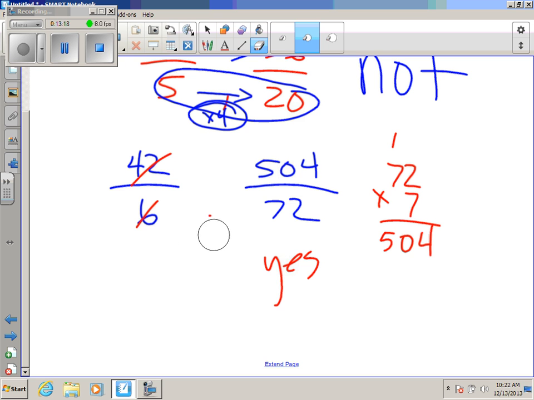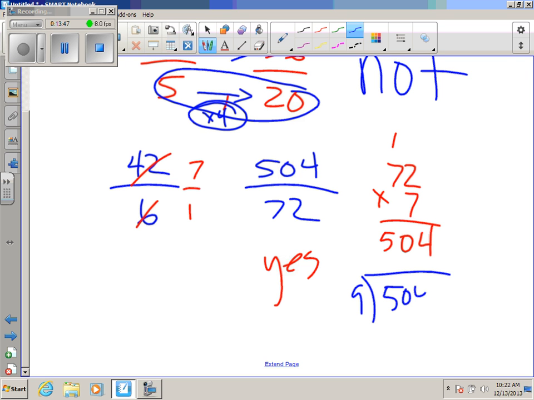Let's take that 7 over 1. Okay? Can I simplify 504 and 72? They're both divisible by what? Remember your divisibility rules? 5 plus 0 plus 4 equals 9. Therefore, it's divisible by 3 or 9. Let's see what it is. 504 divided by 9 is 56, and 72 divided by 9 is 8.